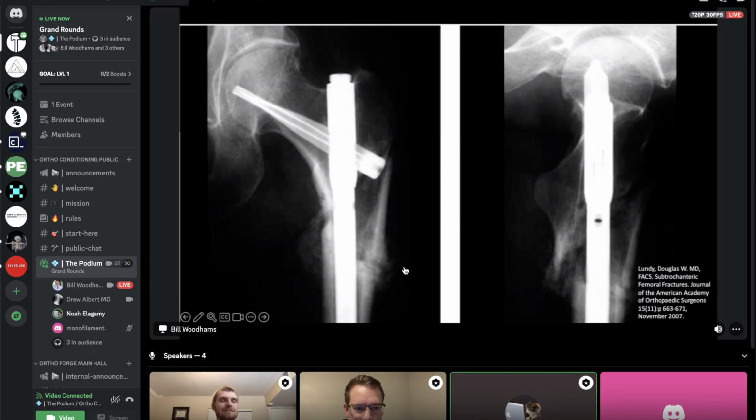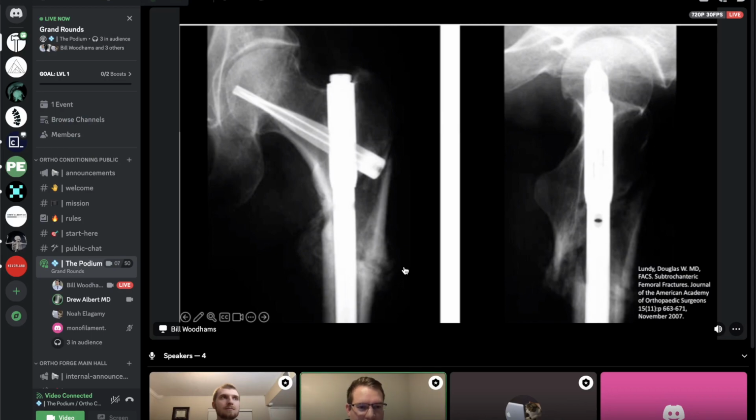Have you seen, because it looks like on the lateral view there's still some comminution there, when do you consider using cerclage wiring? I think a lot of trauma guys and gals that we work with don't like cerclage wires.